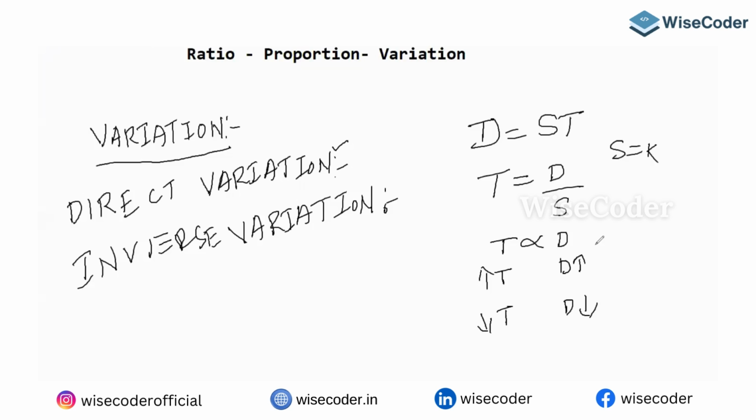So this is an example of time and distance. You can write t by d is equal to a constant, so t1 by d1 is equal to t2 by d2, and so on. This is all about direct variation.